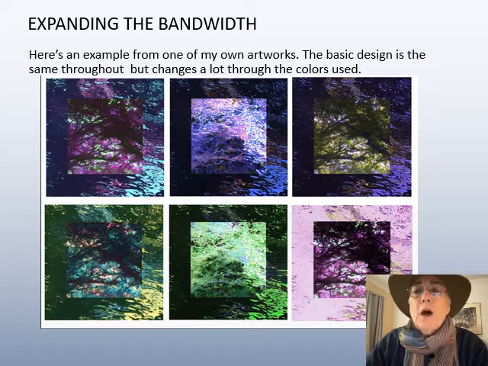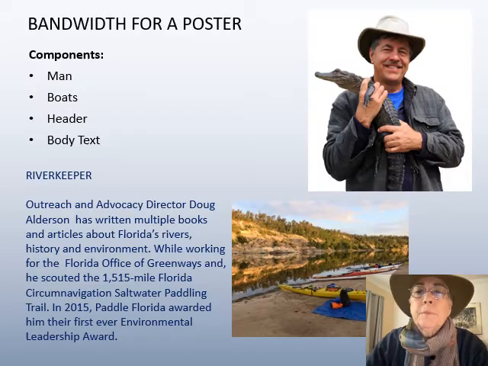There are hundreds of options within each of these categories, and the possibilities expand even further when several options are combined. For example, the source image is the same in each case here, but the results are quite different due to the color choices. I'll use a simple poster design problem to demonstrate this further.